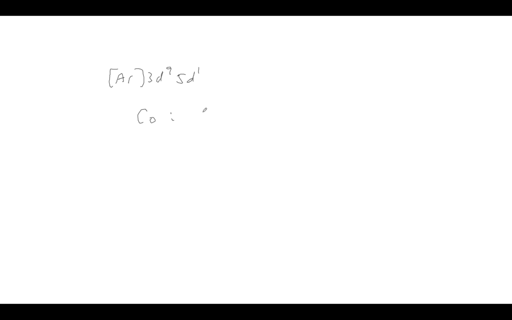For cobalt, we can write argon, and then 4s2, and 1, 2, 3, 4, 5, 6, 7, 3d7, right? So we know immediately that we're not going to be able to make an excited state, at least not of the neutral atom, that is isoelectronic with our target here.